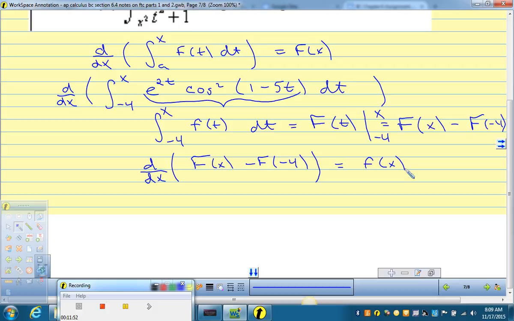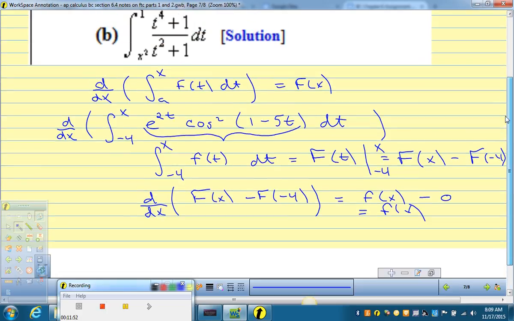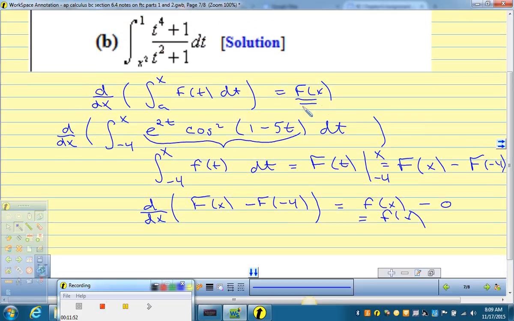Miguel, what do we get? 0. Why is it 0? We're going to get a constant. When we plug in -4 to some antiderivative function, we're getting a value. And the derivative of a constant is 0, yes? So we get lowercase f of x minus 0, and we get f of x, which is exactly what we have seen in the past. We're just verifying it here.